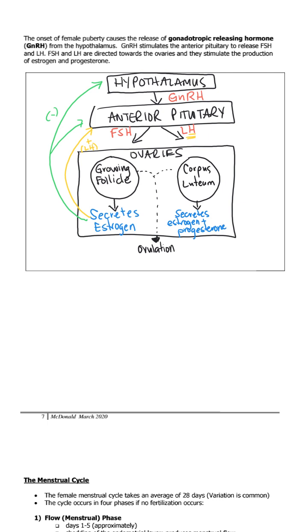So when we look at what the functions of these hormones are, I'll list them below. Estrogen has the functions of developing the secondary sex characteristics that are seen at puberty, such as the widening of the hips, the development of the breasts, body hair, and so on.